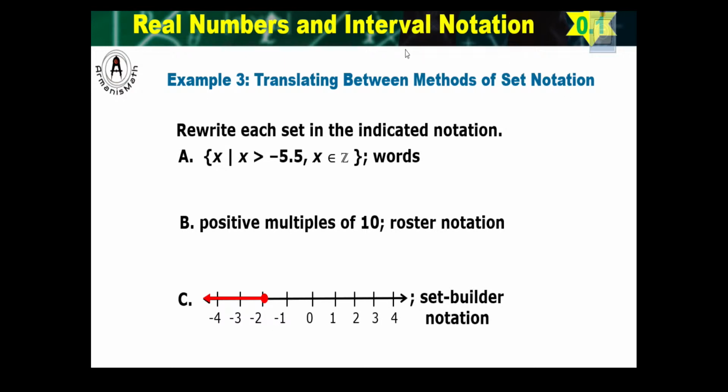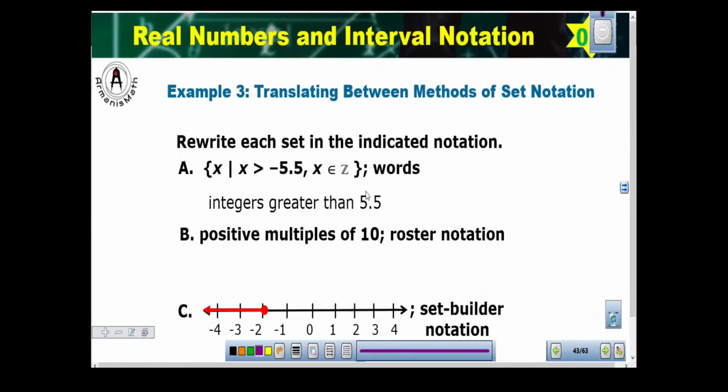So I would write, for example, x is going to be integers greater than negative 5.5. Anything that is greater than negative 5.5 and an integer is part of this Z set.